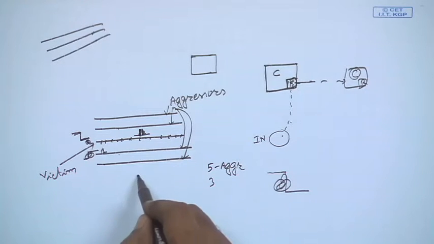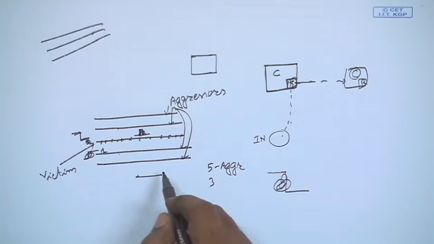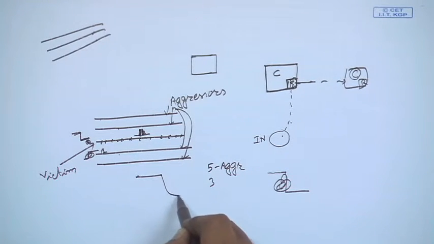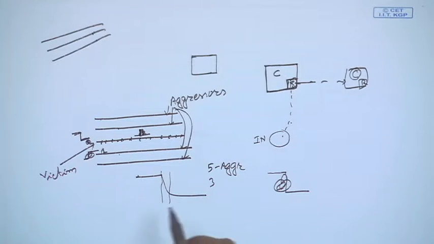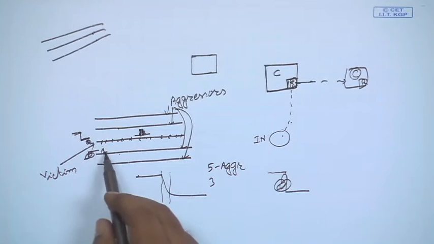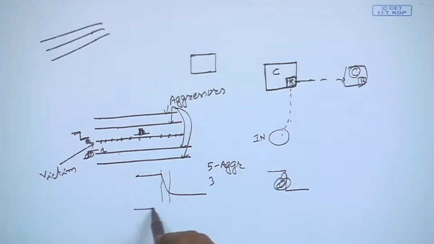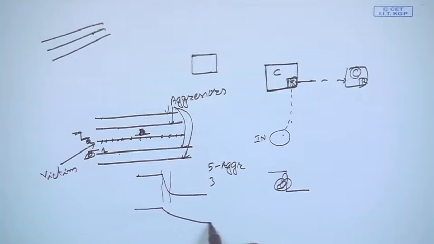Let us say in the normal case, the transition should be like this, where this is the time by which it decays to the logic low level. But due to the presence of a high signal on the aggressor line, it may take more time, and it may decay over a sequence like this.